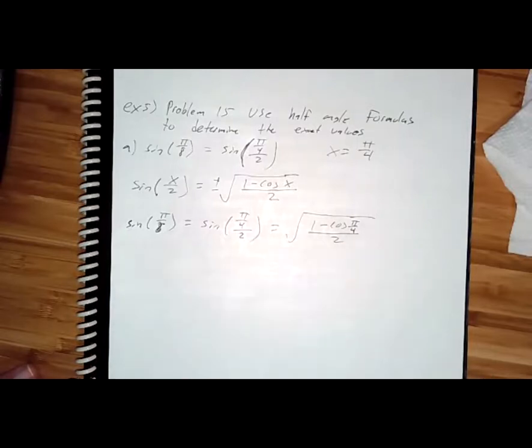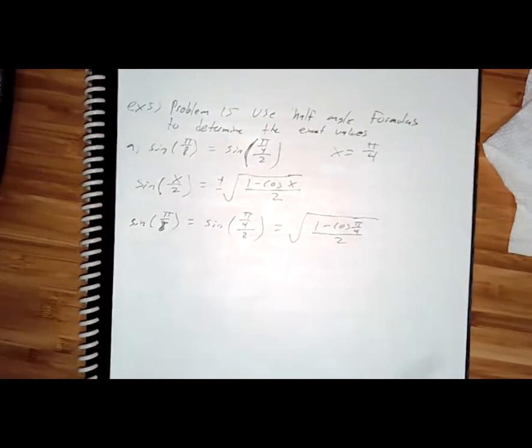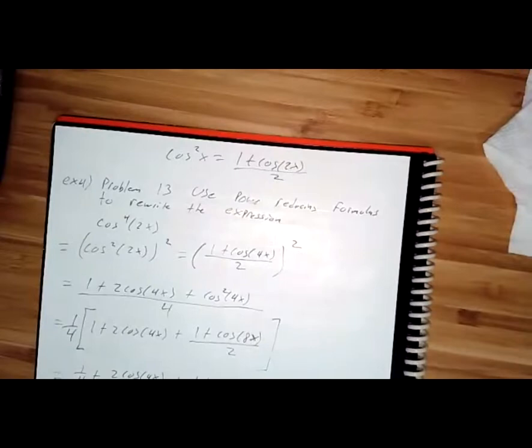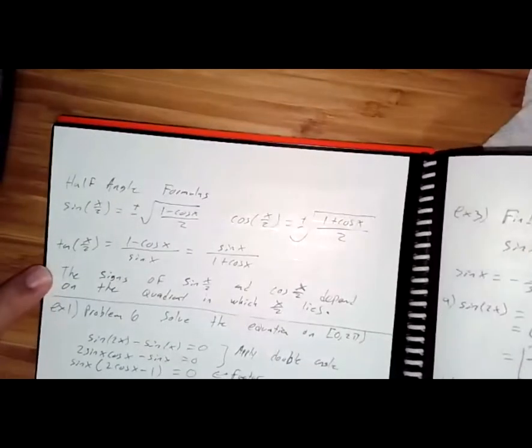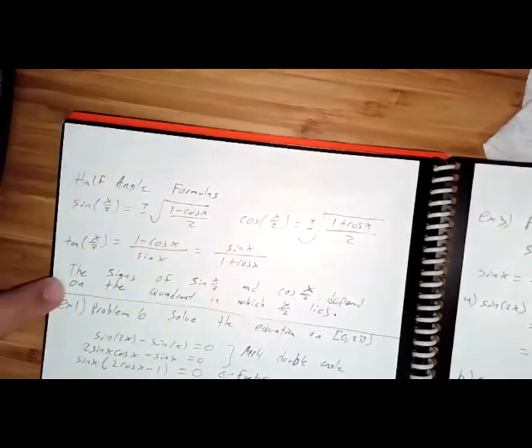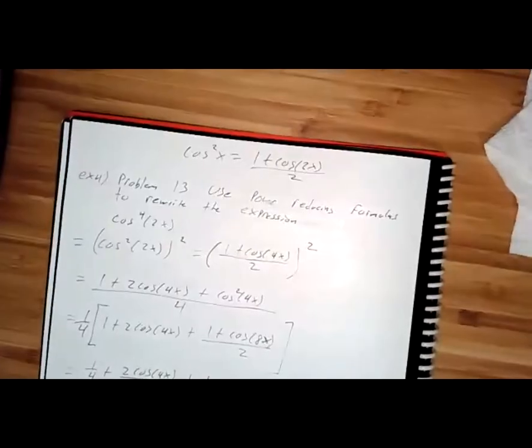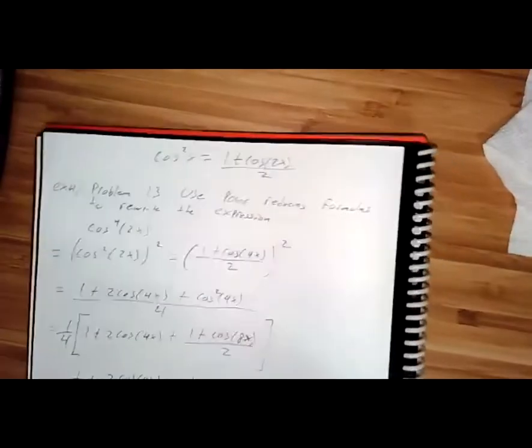Oh, what about the plus or minus, sir? Where'd that go? So the plus or minus is decided by the location of this angle. Remember, I think we said in the notes, go back a couple pages: the signs of sine x over 2 and cosine x over 2 depend on which quadrant x over 2 is. So where is pi over 8? Which quadrant is that?